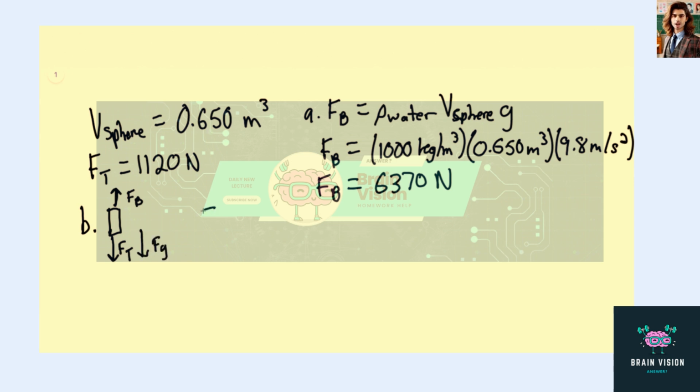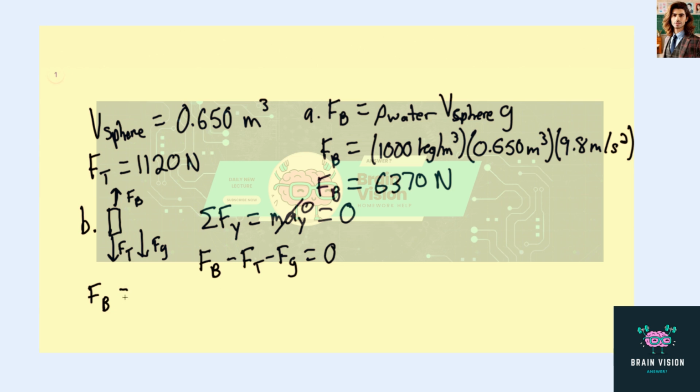So when we solve for this in the y direction, this is not moving, so this is going to be 0. And we see that the buoyant force minus force tension minus force gravity equals 0, or the buoyant force equals the force of tension plus the force of gravity.